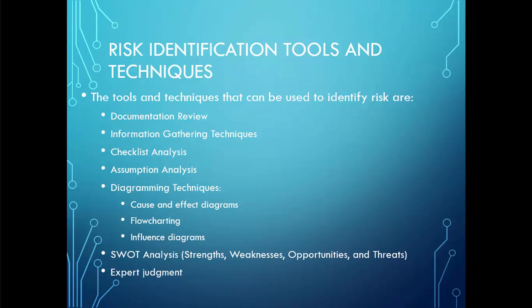We can do expert judgment as a technique, which is individuals who have experience with similar projects in the not too distant past, or past projects, that may use their judgment through interviews or risk facilitation workshops.